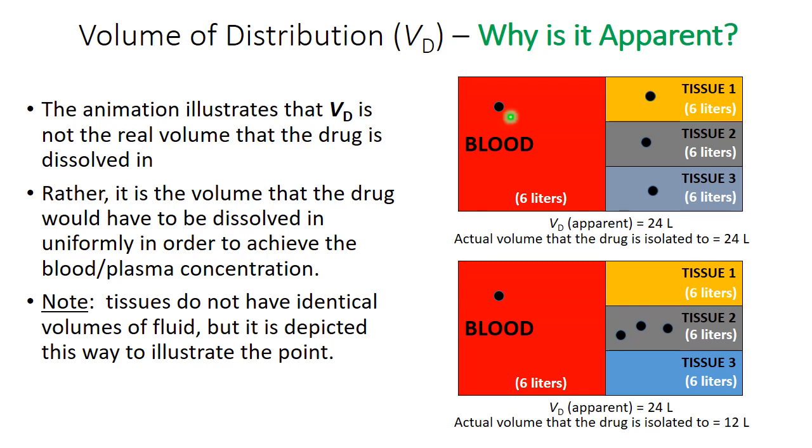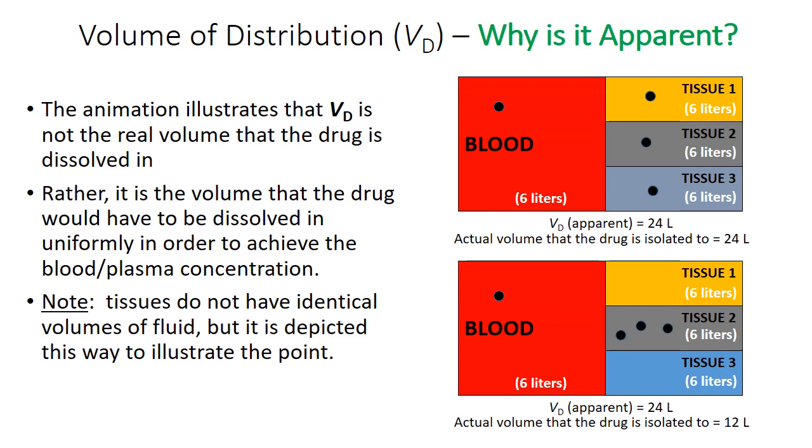The blood amount is the same for both of them. So that would still lead you to believe that it's distributing to 24 liters. That's the VD apparent, 24 liters. However, if we actually investigated, we'd see, wait a second, all the drug is just in this one tissue and the plasma, and that's 6 liters. So the real volume that the drug is found in is only 12 liters.